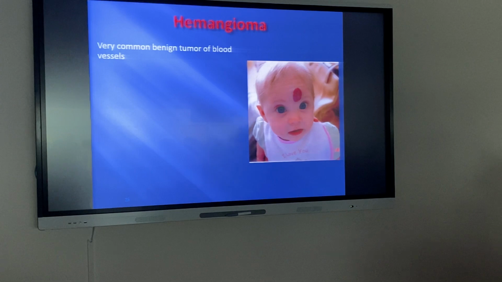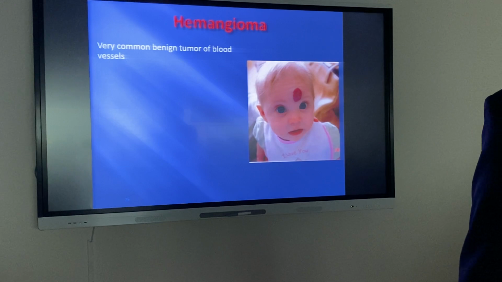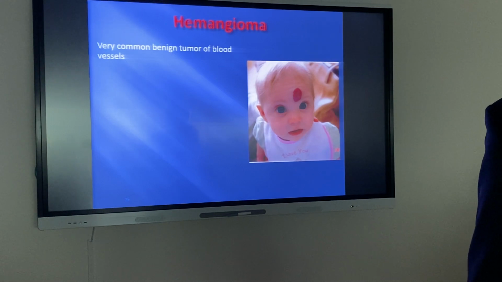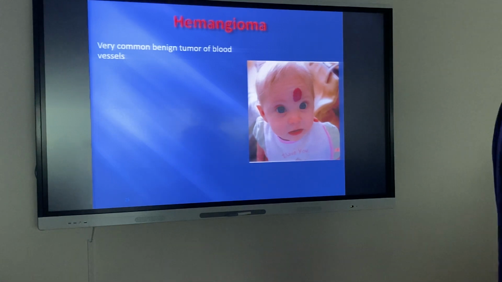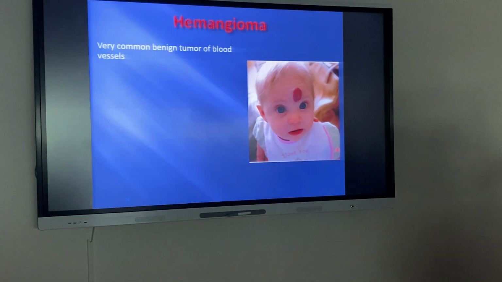Criteria. Number one, no infiltration, no basement membrane infiltration. What did you say? Capsule. All benign tumors have a capsule, but hemangiomas do not have a capsule. So this is the benign tumor which does not have a capsule. Okay?